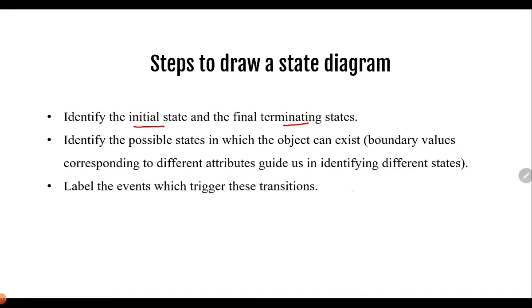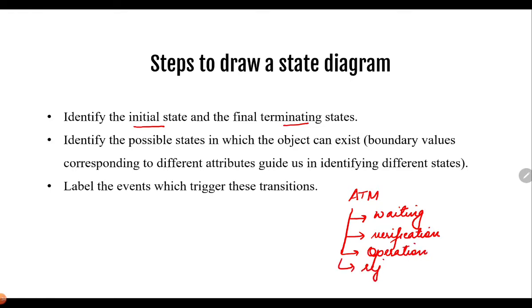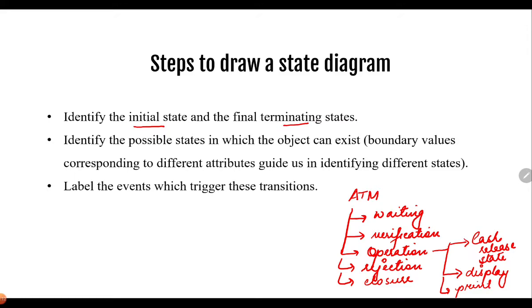So an ATM machine can be in the waiting state, can be in verification state, can be in the operation state, can be in the rejection state, and also can be in closure state, etc. Further, the operation state can again be categorized into cash release state, and it might also be in other states like display and print receipt.